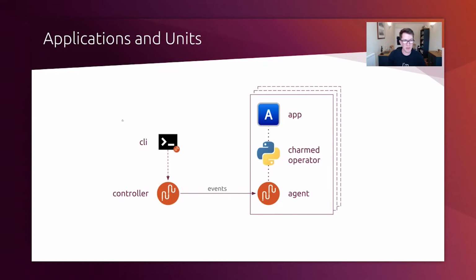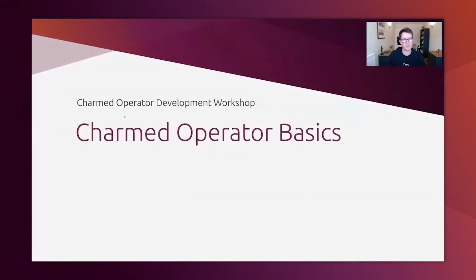One thing to note about this particular approach is that because the Juju agent, the charmed operator and the application are all packaged up in each unit, the operator actually scales with the application in this model. So differently to how some of the other Kubernetes operators work, the operator is always right next to the workload running on the compute platform, the best place to operate it irrespective of connectivity, network latency, etc.